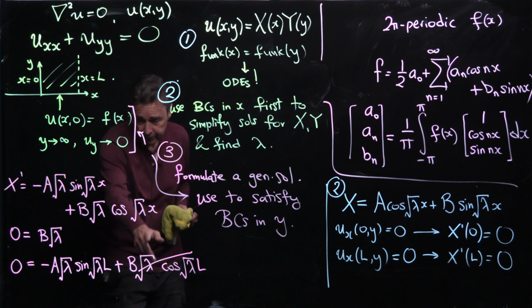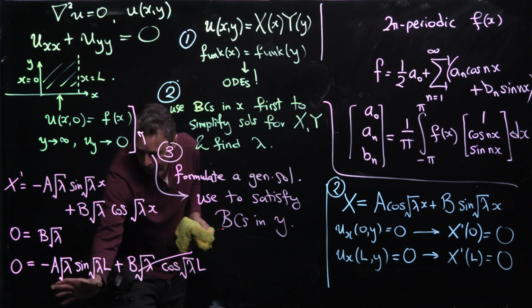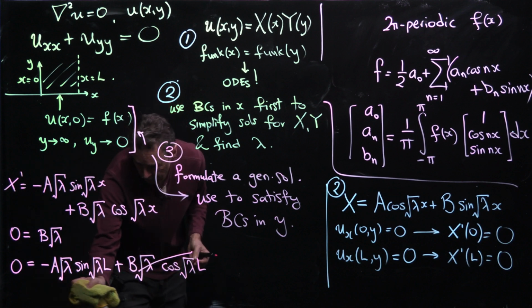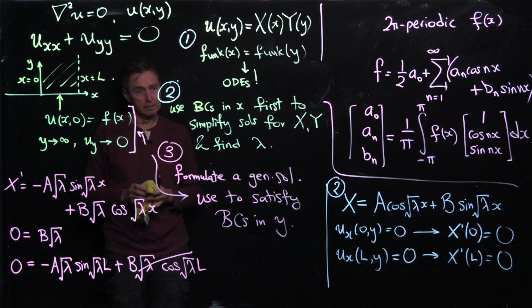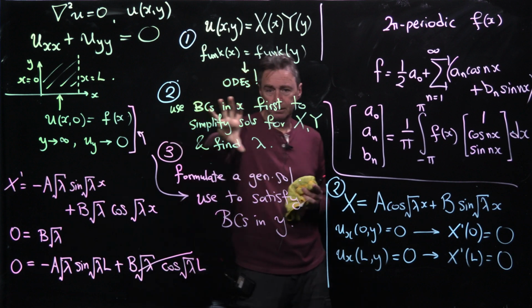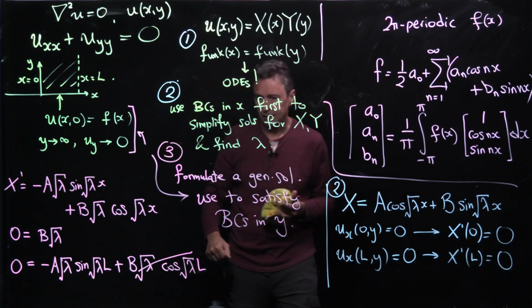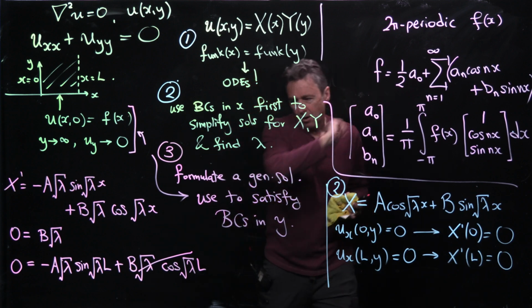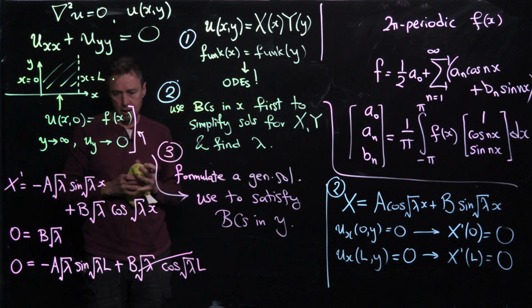I'm not going to be able to say what it is from this equation. That's just going to tell me what lambda is again. Right, so here this is going to complete step 2. I'll be finding lambda, getting the solutions for X here. Having done all of that, I'll go back and solve the Y equation.